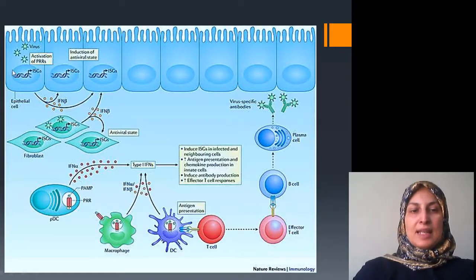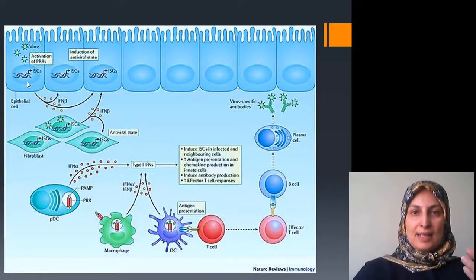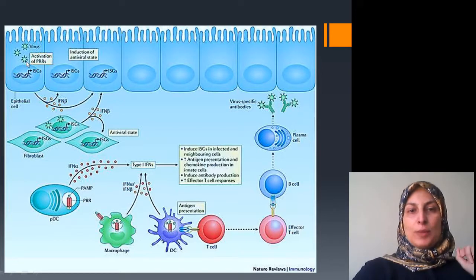Of course, the cell that was attacked first by the virus and that starts producing interferons, these interferons will also attract natural killer cells. It will act as an attractant to the natural killer cells, giving them the message that this cell is infected with a virus and it needs to be destroyed.